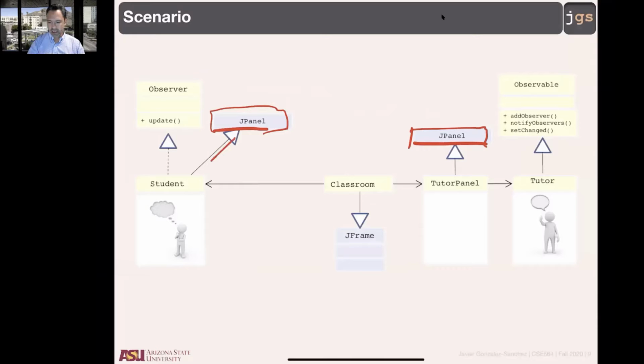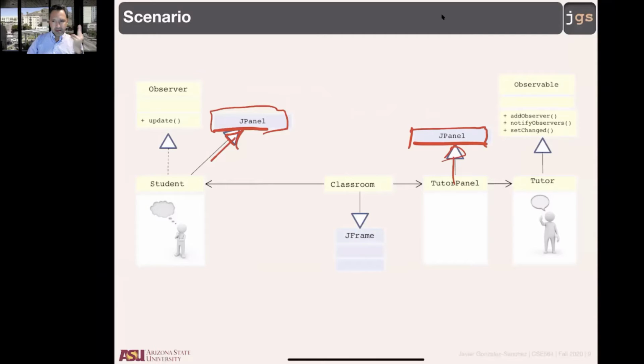If I show you this inheritance here, I think it's pretty clear that what I want to do is, now student and tutor are going to be panels. So they are going to be graphics, and they are going to be able to be added in some place.